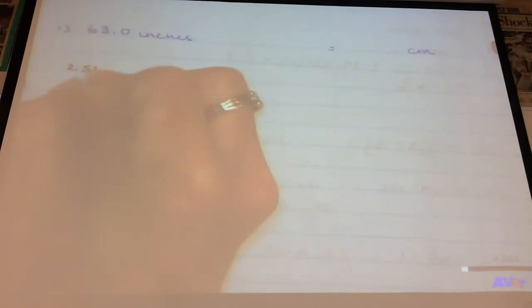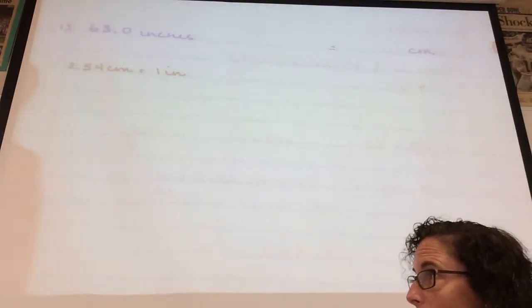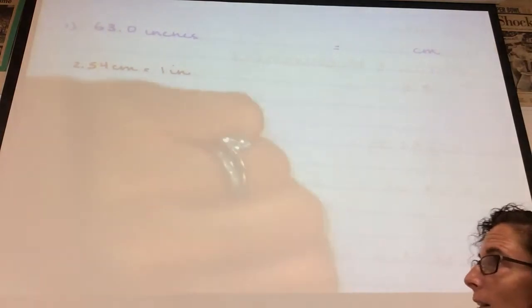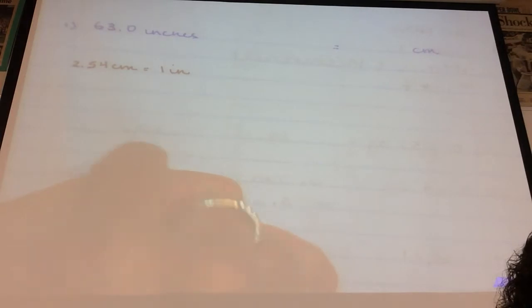So I know that 2.54 centimeters is equal to 1 inch. And an inch is like from that knuckle to that knuckle right there. Right there, that's like an inch.